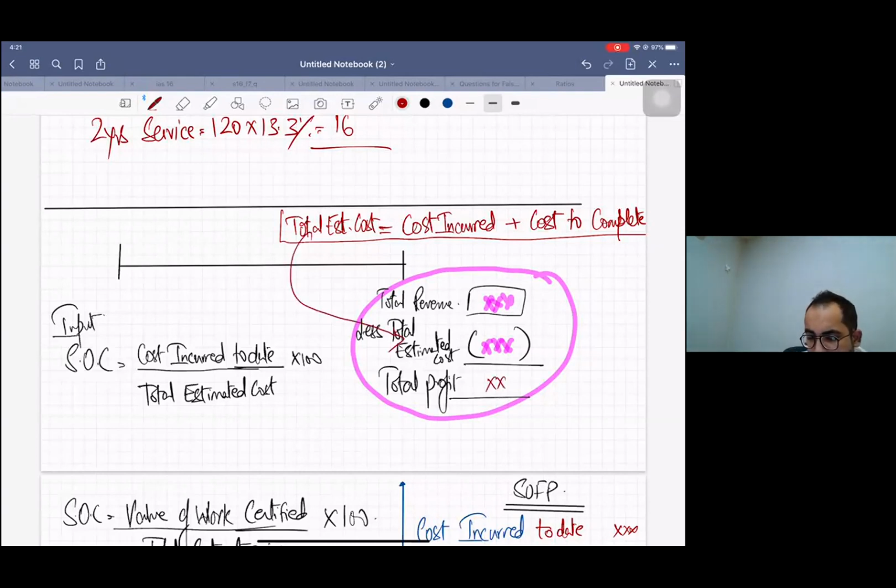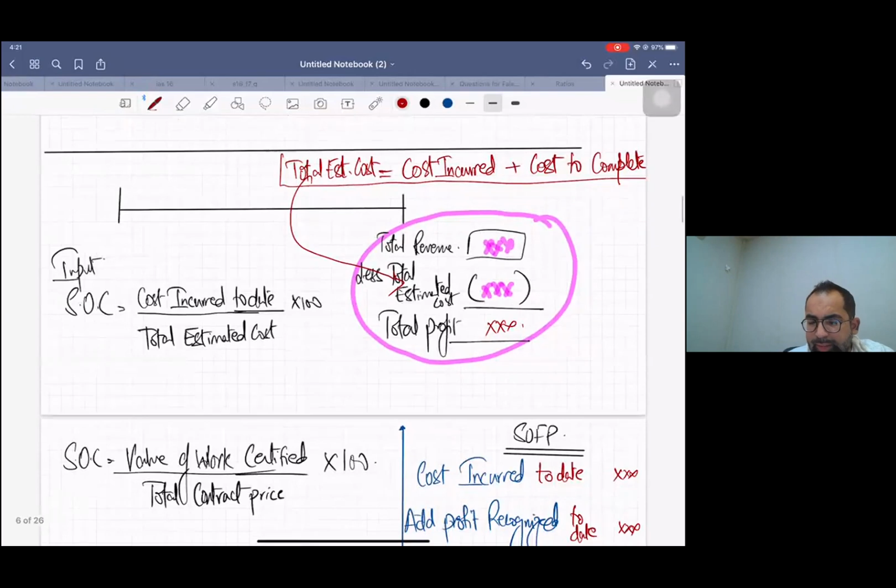And if the final answer is a positive profit, then book that profit according to stage of completion over time. There are two methods of calculating SOC.